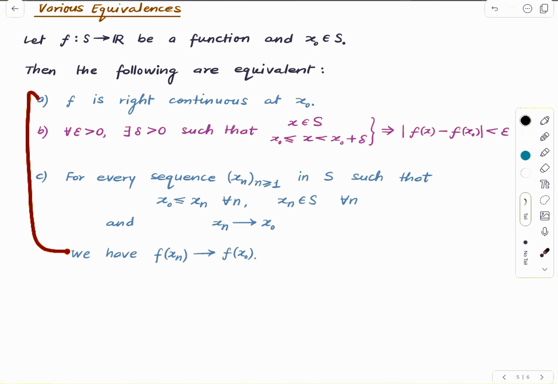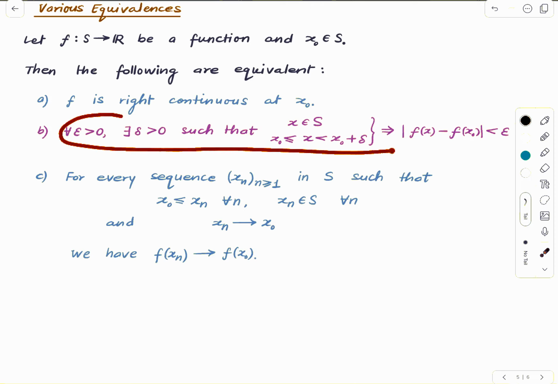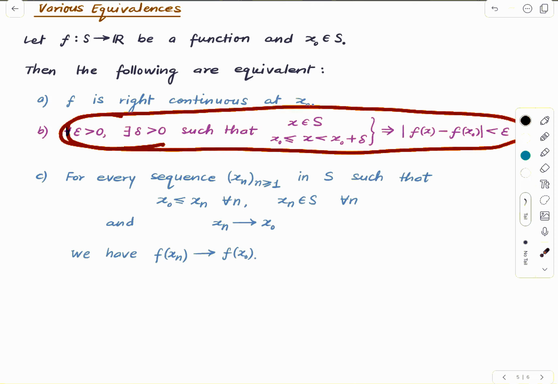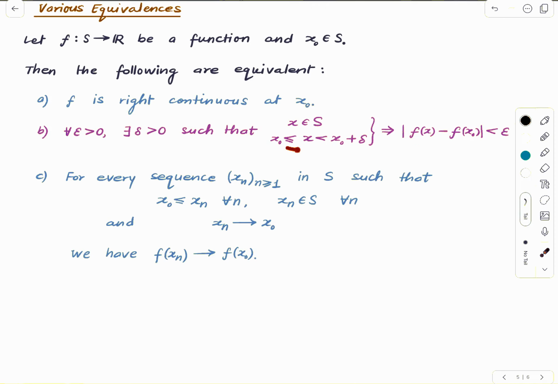Then the following statements are equivalent. The first is that f is right continuous at the point x0. The second is the epsilon-delta criterion corresponding to that statement. In the original epsilon-delta criterion, we would see x0 minus delta less than or equal to x less than or equal to x0 plus delta, but that has been replaced by something which takes care only of the right side of x0.